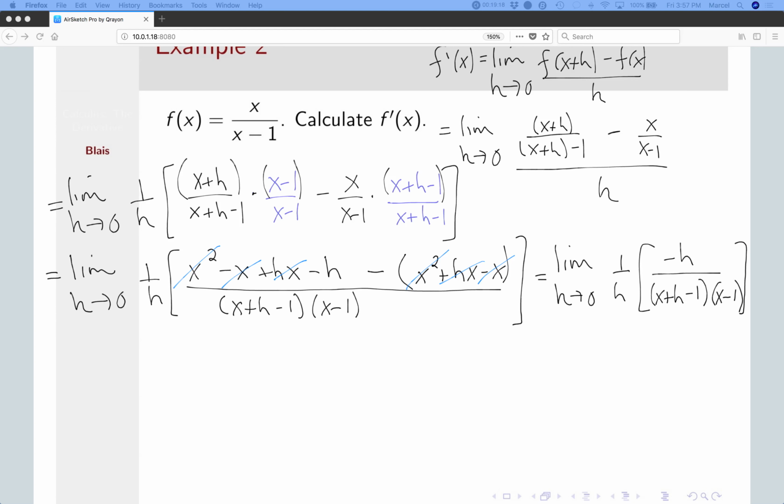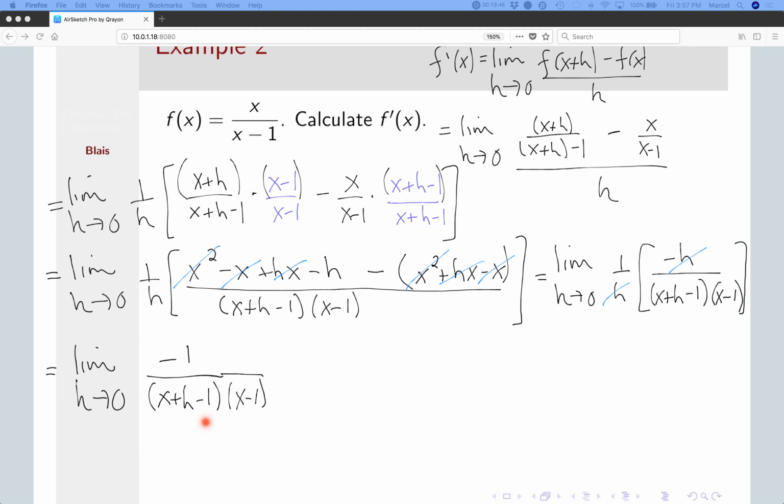And now we see the h's cancel. So what remains is the limit as h goes to 0 of negative 1 over the quantity x plus h minus 1 times x minus 1. And now we can apply our limit laws. So we would first apply the quotient law, limit of the top over the limit of the bottom.